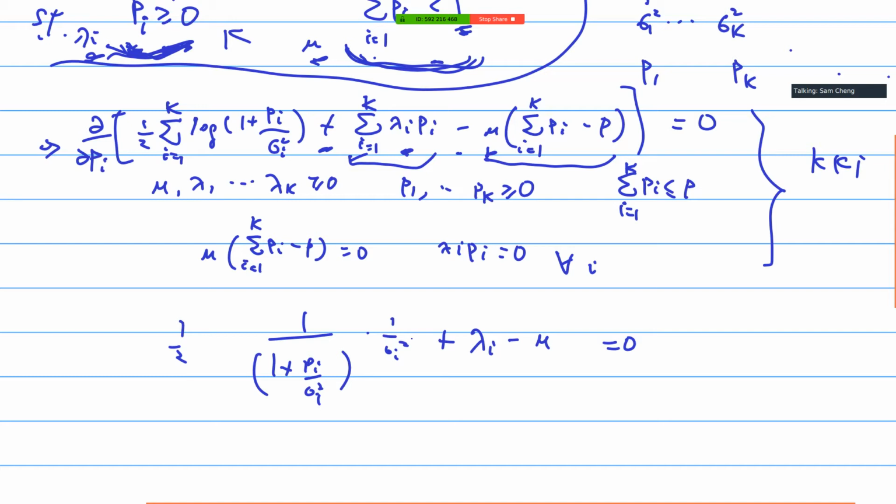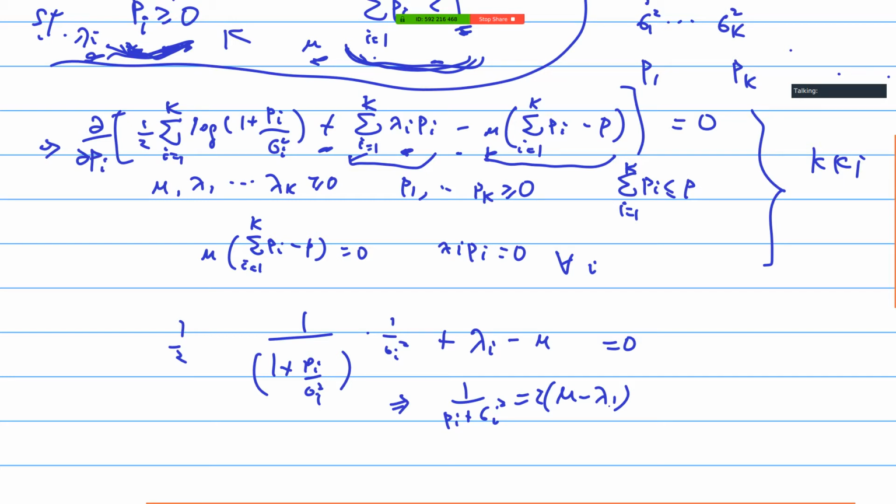Therefore, what we have is basically 1 over pi plus sigma i squared is equal to mu minus lambda i, again with the factor of 2, something like that.